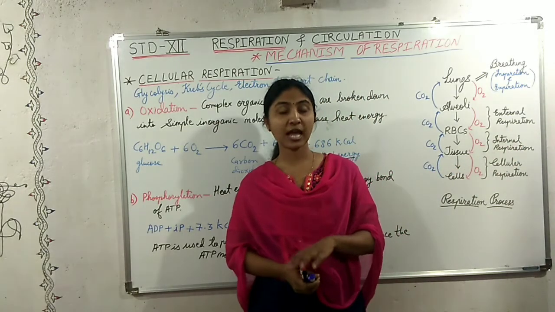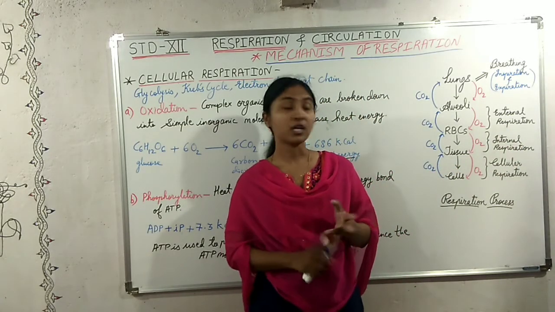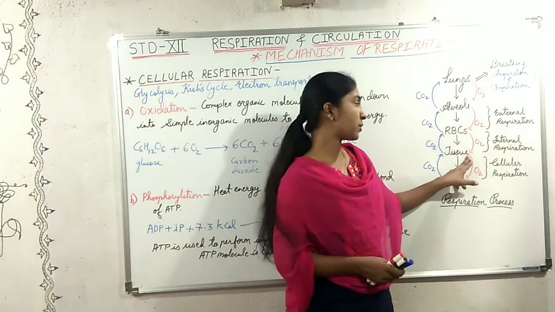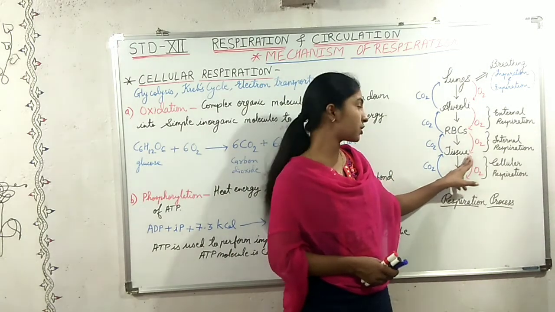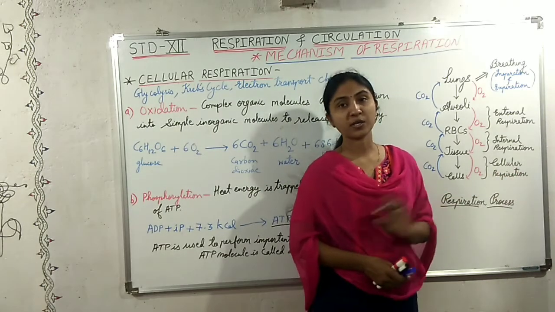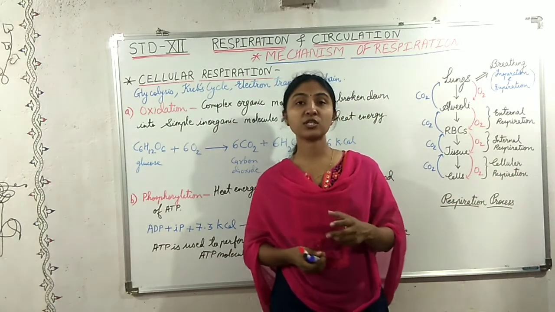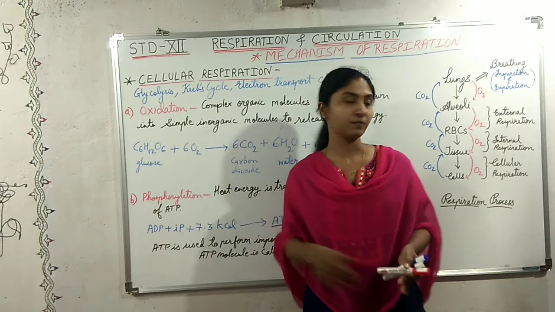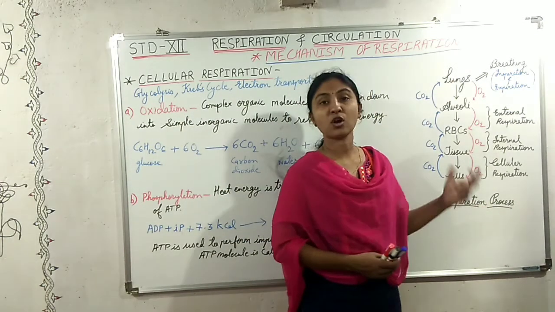Internal respiration has two types of transport: transport of oxygen and transport of carbon dioxide. And the process which happens from the tissues to the cell level is called cellular respiration. Cellular respiration includes two steps: oxidation and phosphorylation. So this is the process of respiration.